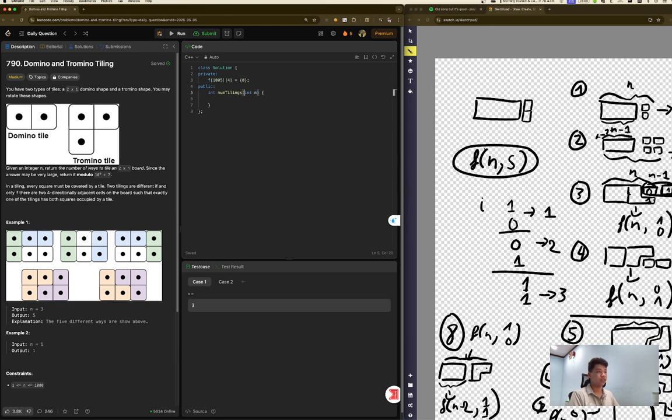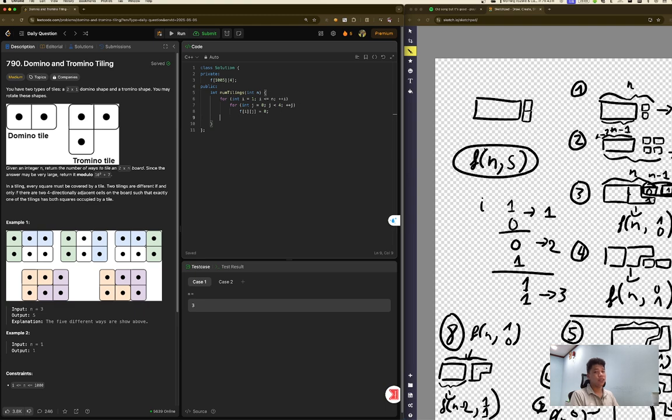Set to 0. I don't know if it works or not. So first we clean the f function, set the f function equal to 0.